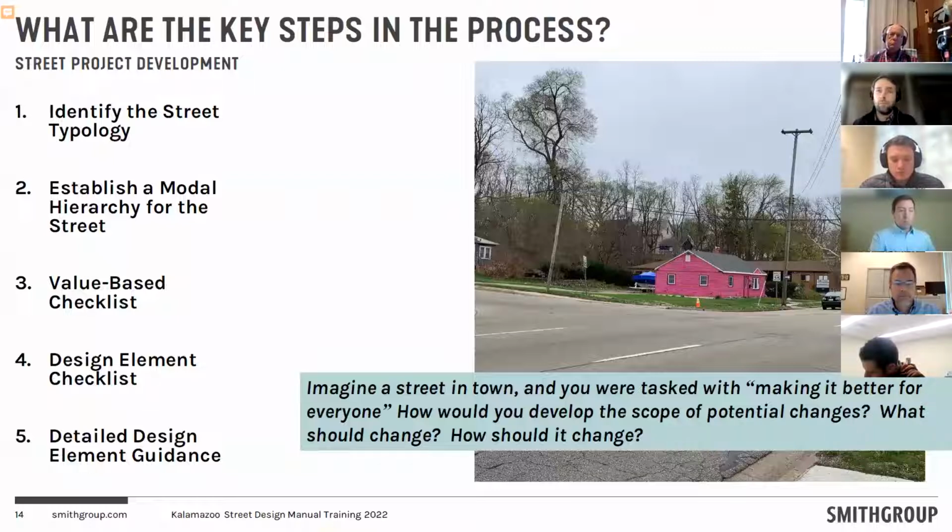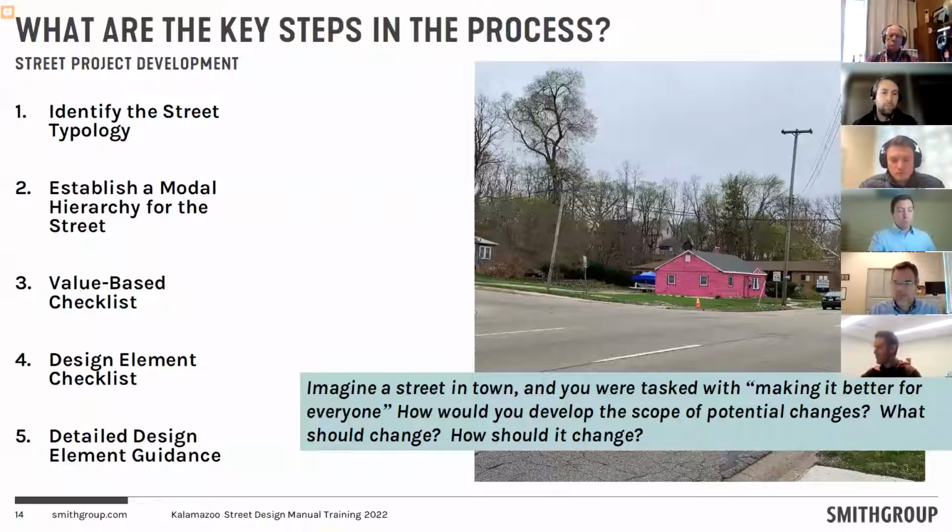But how do you do that? Well, the value-based checklist is aligned to those values that go back to the Imagine Kalamazoo and those goals that Anthony just went over that you saw. And underneath all of those, there are a set of questions for each phase in the process. Those questions help you get at the modal hierarchy, and we'll be showing you that in a little bit.